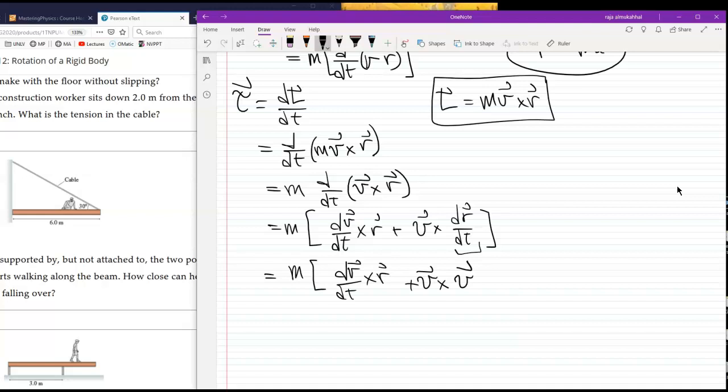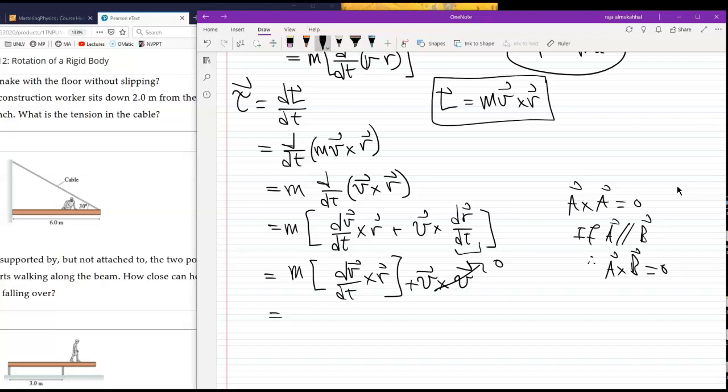Is that right? This will be 0 because a vector crossed with itself is equal to 0. If you have two vectors that are parallel, if A is parallel to B, then A cross B is 0, correct?